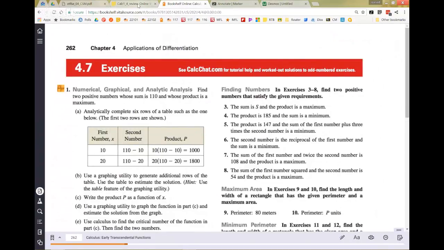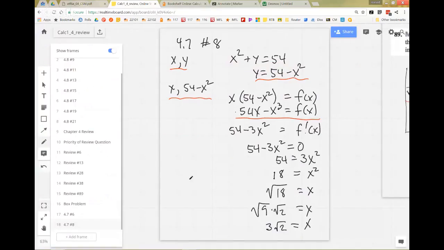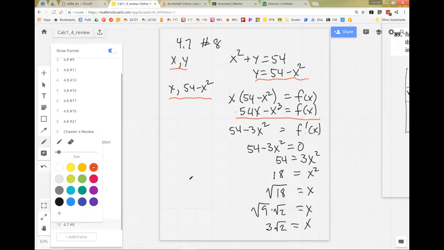Okay, so I really have just a little bit more to do. I found the first number is, so let's just jot this in. So we found x is 3 times the square root of 2. And then 54 minus x squared. What happens when you square this? You square 3, you get 9. Square the square root of 2, you get 2.